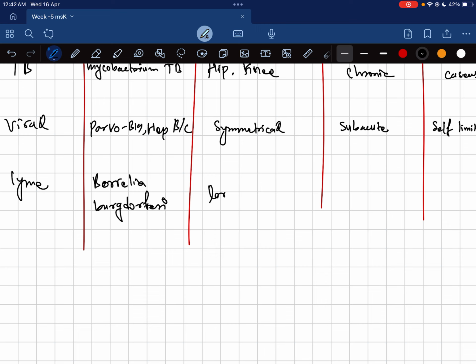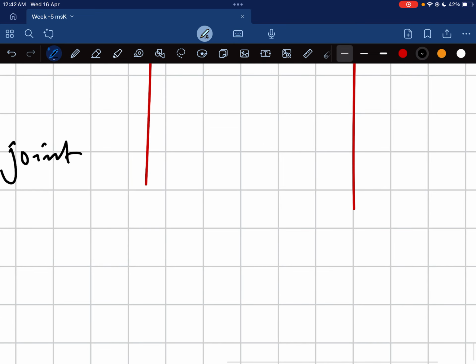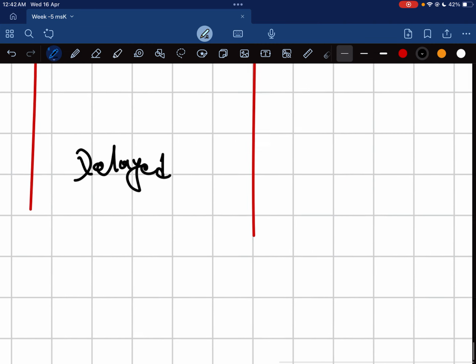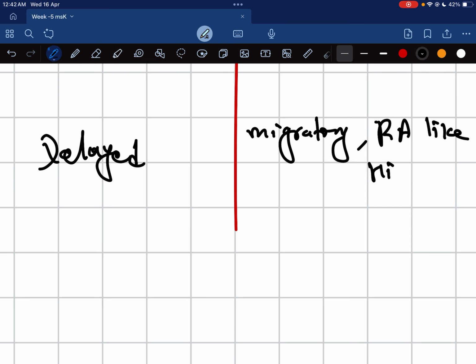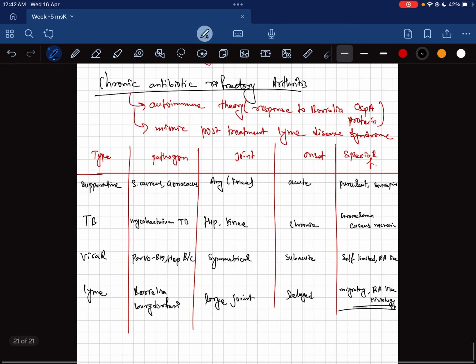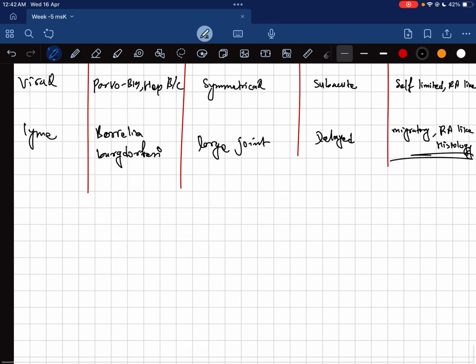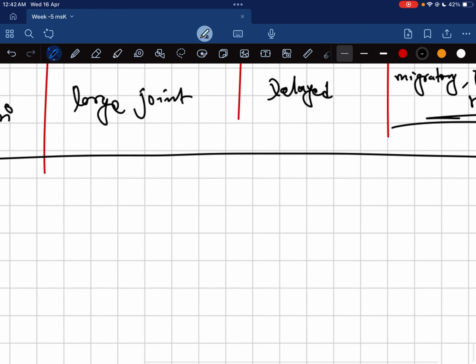There is large joint involvement and delayed onset, with migratory joint pain and rheumatoid arthritis-like histology. This is all regarding arthritis. So today we have covered all the topics regarding arthritis.